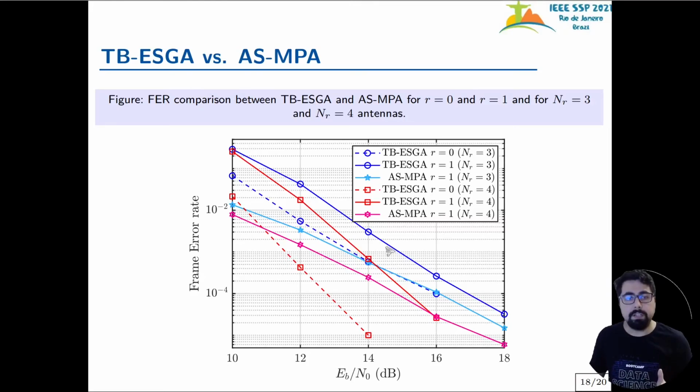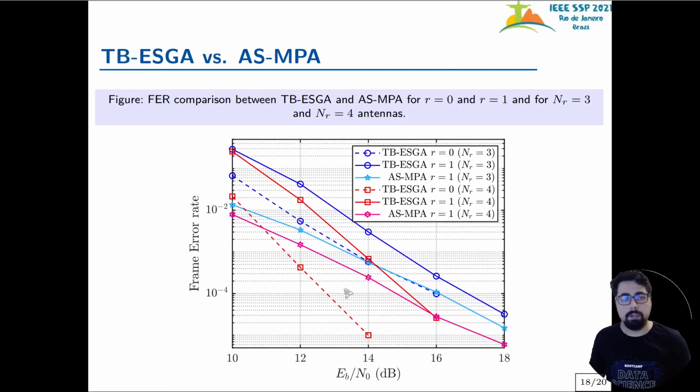We observe that for NR equals 3 antennas, the antenna selection MPA has better frame error rates than the original MPA up to 14 dB of Eb/N0. Then performance matches the original MPA. Therefore, here antenna selection MPA has the better trade-off with respect to performance and complexity.